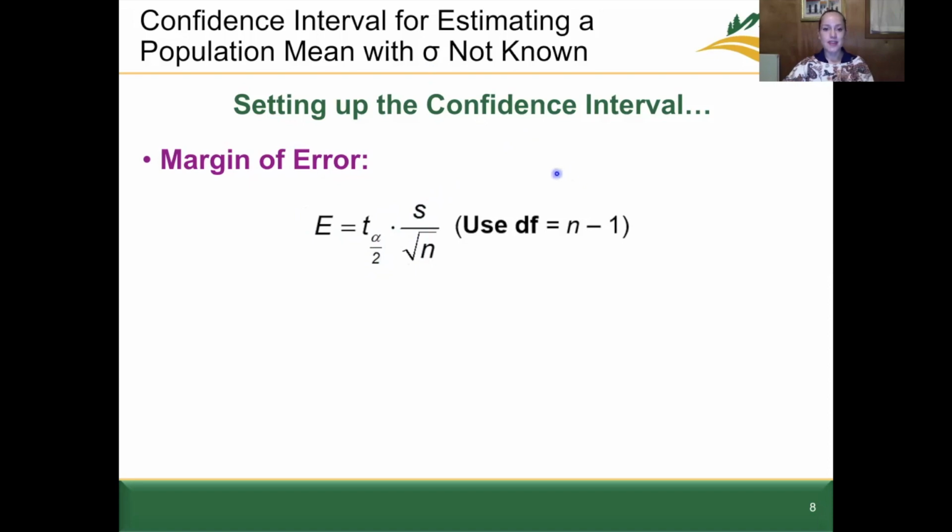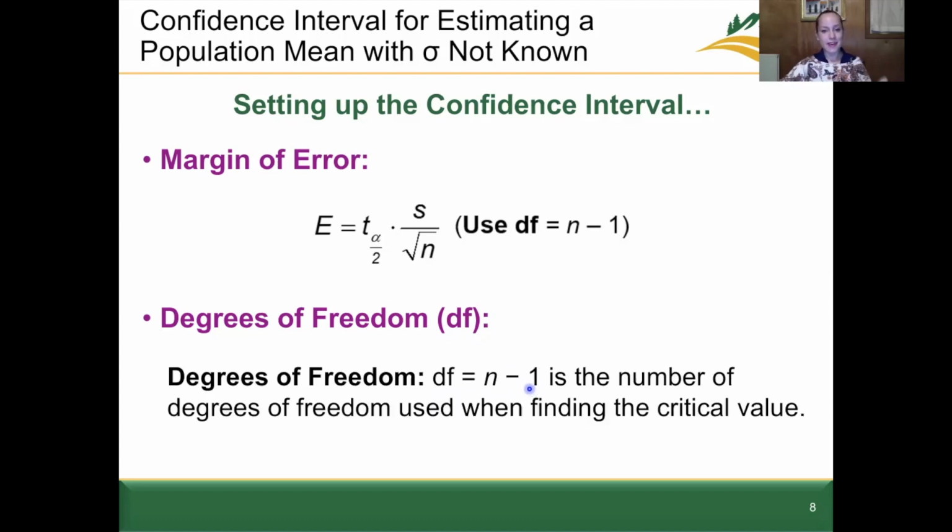Now, this new idea in 7.2 we're going to introduce is degrees of freedom, denoted as DF. You can see here that we calculate degrees of freedom by taking the number of samples, or the sample size n, minus 1.